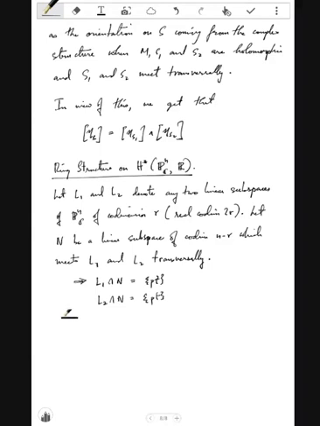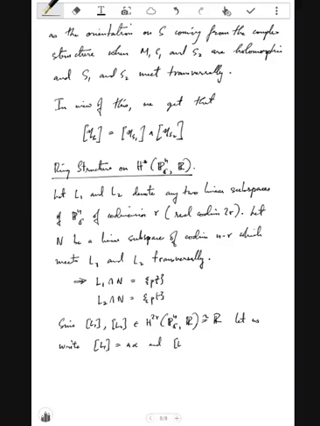Since the classes of L1 and L2 are in H^2R of P^n, C, R, which is isomorphic to R, let us write the class of L1 equal to A times alpha and the class of L2 equal to B times alpha for some non-zero class alpha in H^2R.